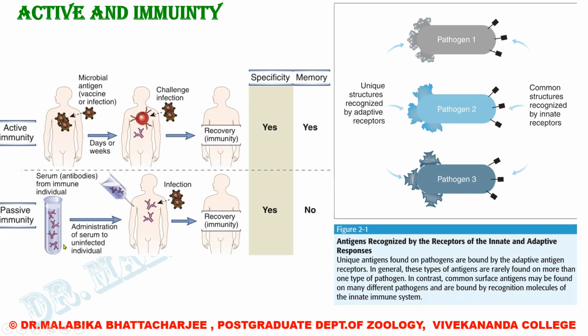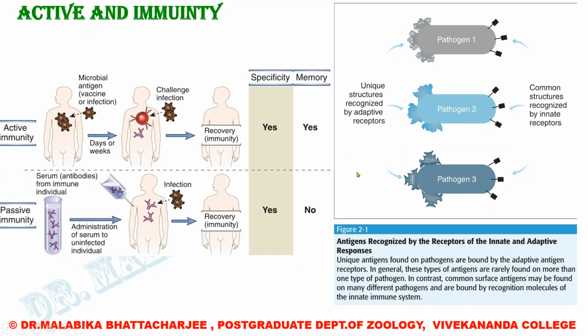This serum is now administered to an infected person, assuming that these antibodies, which are specific for this pathogen, will now be entering the body of this individual, and automatically, without any infection, the individual is gaining basic immunity against this particular immune challenge and recovery immunity.